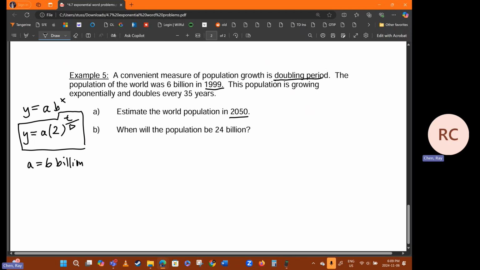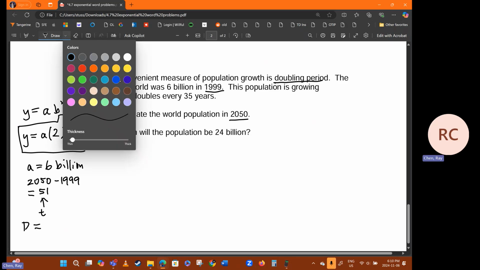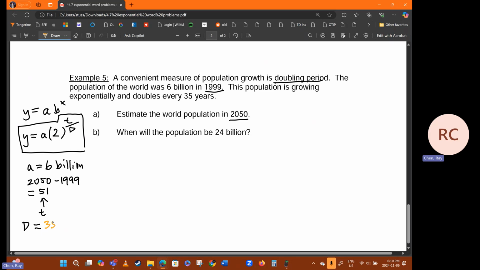The time frame, though, I think everyone agrees, is 2050 minus 1999. How many years is that? Well, that's 51 years. And of course, this represents t. What's our doubling period? Well, our doubling period, notice, it doubles every 35 years.